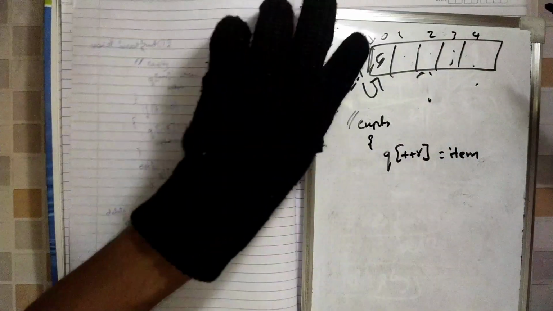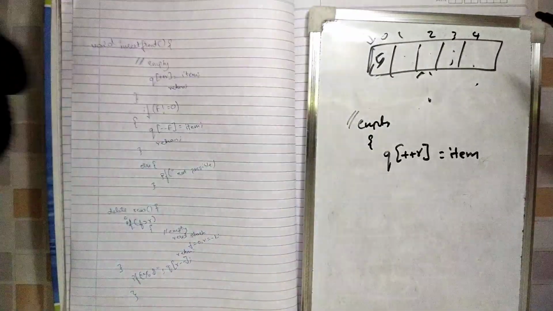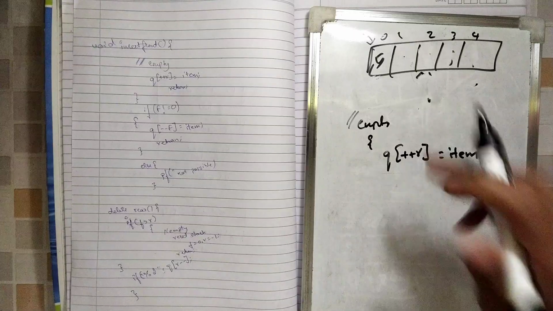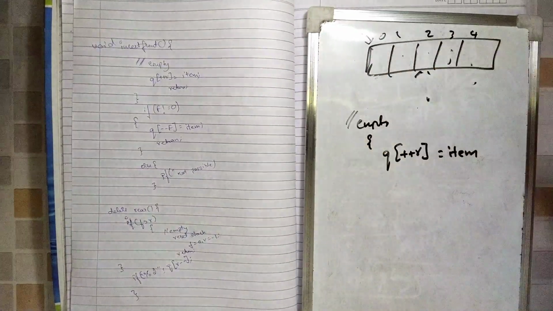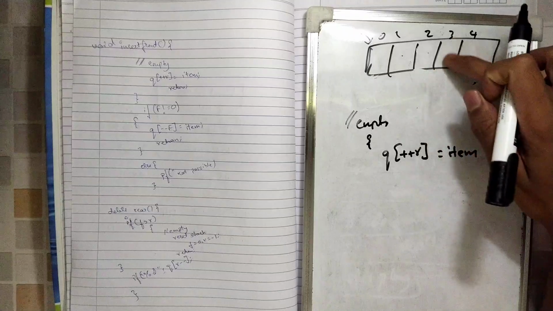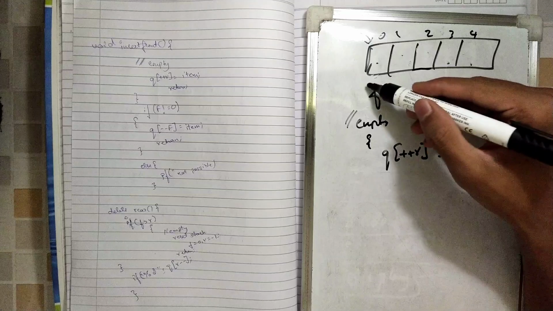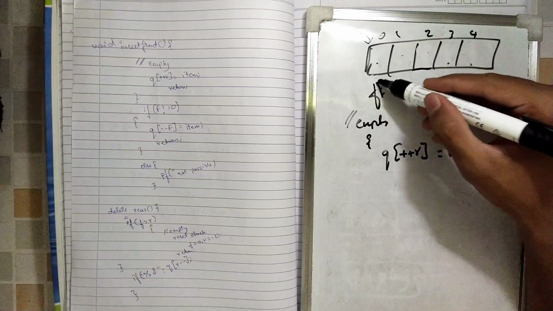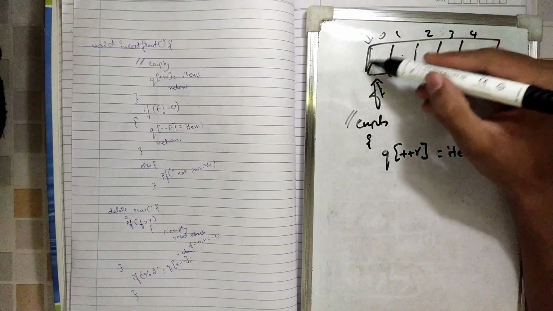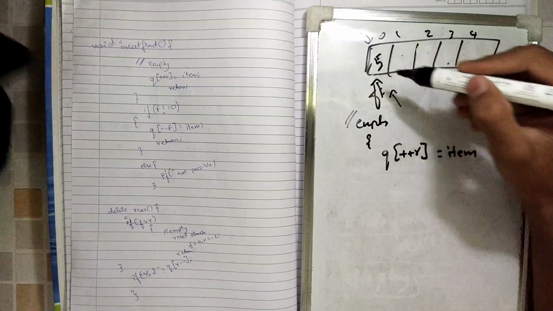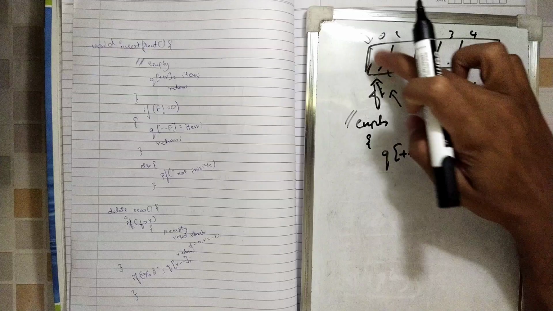Now, for inserting at the front, if my F is not equal to 0, which means my F is not at the 0th location. Suppose my R is here and my F is here itself, 5. Then this condition won't work and we come out.